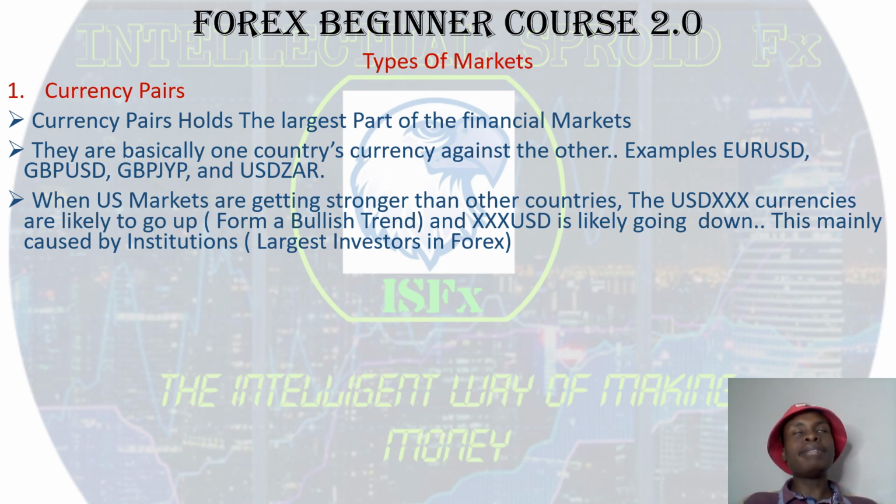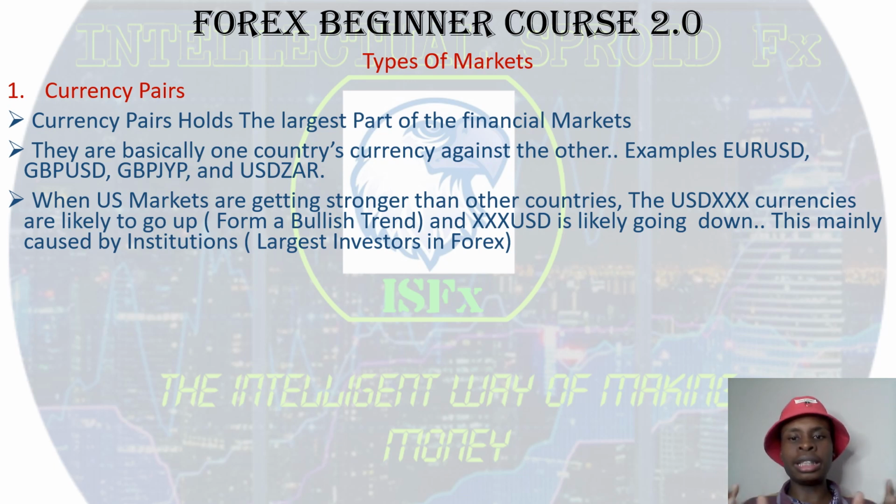This is mainly caused by the institutions, which are the largest investors in the Forex market. You have your banks. You have those big companies that influence the real movement in the market, not the noise.